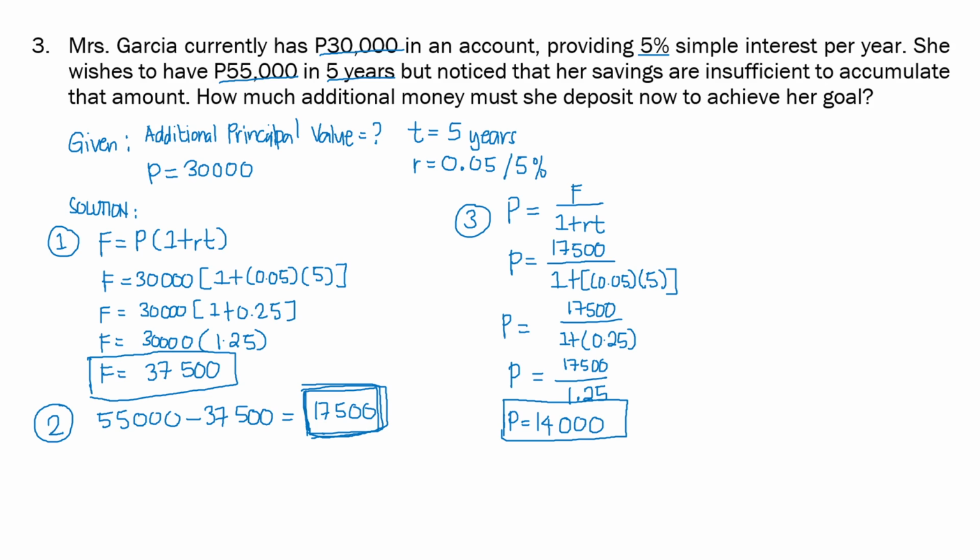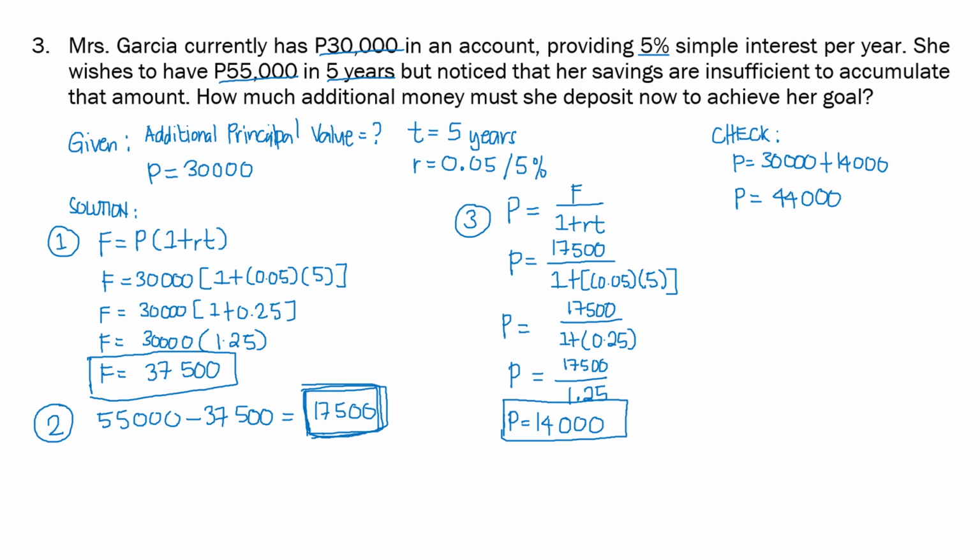So let's check, atong i-check kung sakto ba. So principal nato is 30,000 plus 14,000. Mahimo siyang 44,000 ang principal. Checking ra ni.